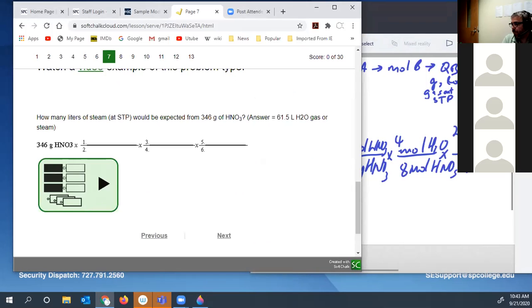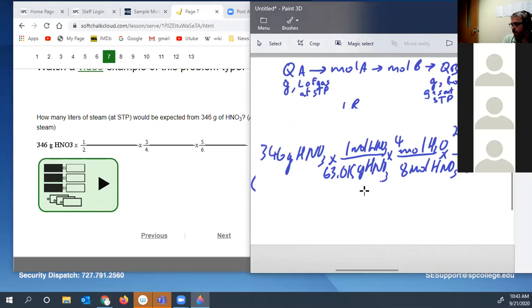So you start off with 1 mole HNO3, then you figure out how many grams 1 mole of HNO3 is, and you divide by that, the 346, and then you multiply that number by 4 moles of H2O. How'd you figure out that there was 4?